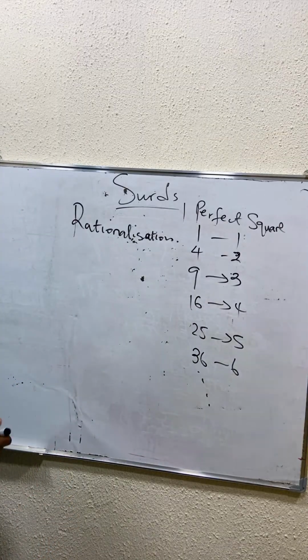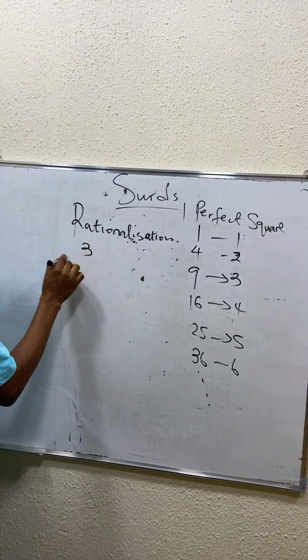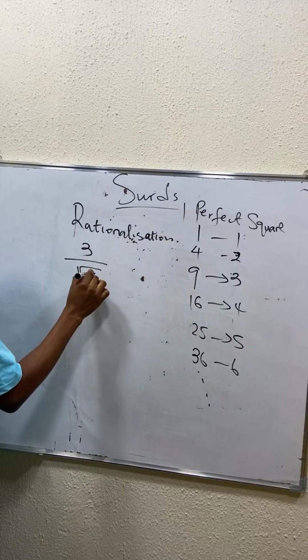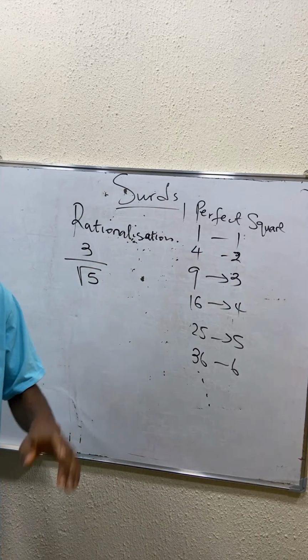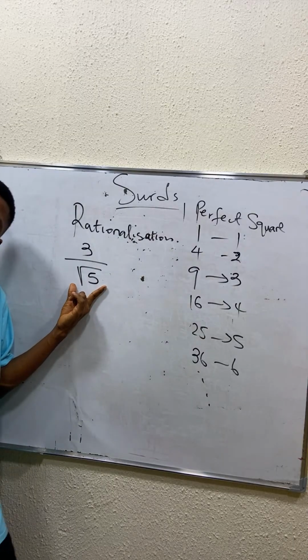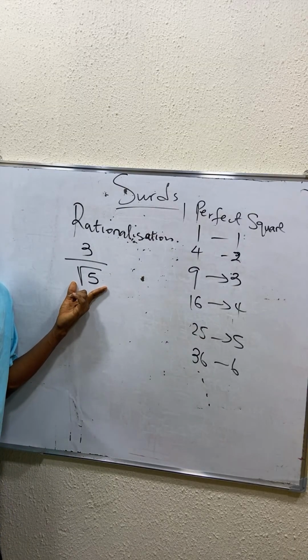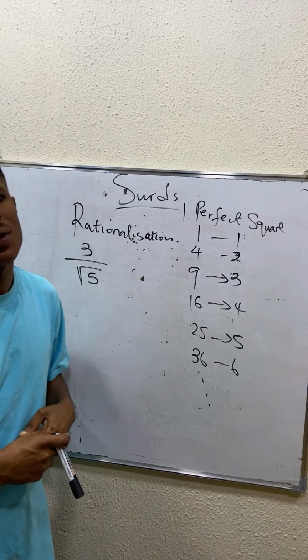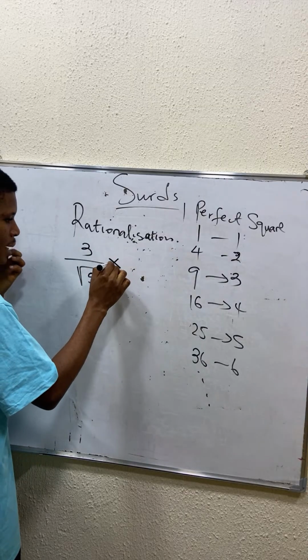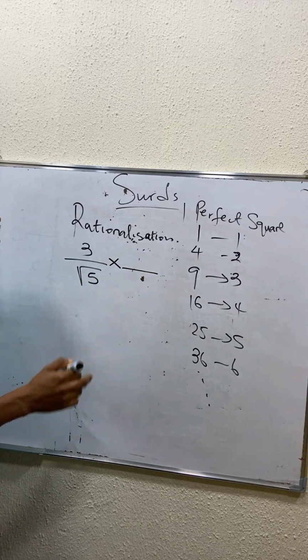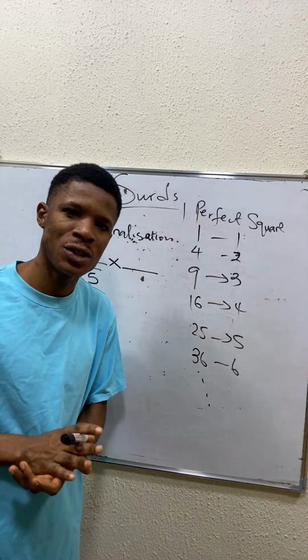All you need to do, let's say you are trying to rationalize 3 over root 5, for instance. To rationalize surds like this, our goal is just to make the denominator a rational number. To make the denominator a rational number, all we need to do is multiply the denominator by exactly the same irrational part.